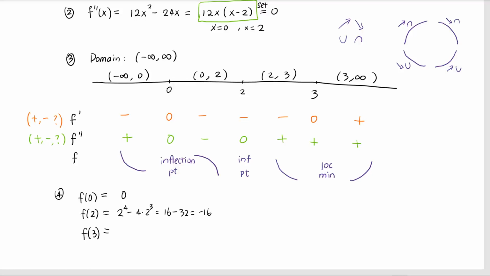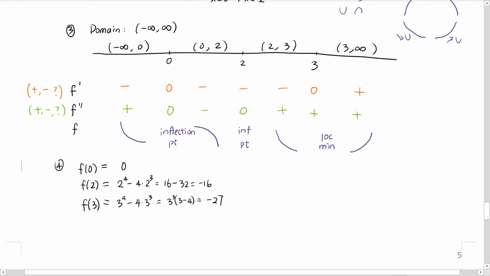We get negative 16, right? And then the next one, 3 to the fourth minus 4, 3 cubed. Can you see there's a common factor of 3 cubed? And then you get 3 minus 4. Oh, that is minus 1. So, and then it's minus 3 cubed. 3 cubed is 27. Okay, so we plot the important points.